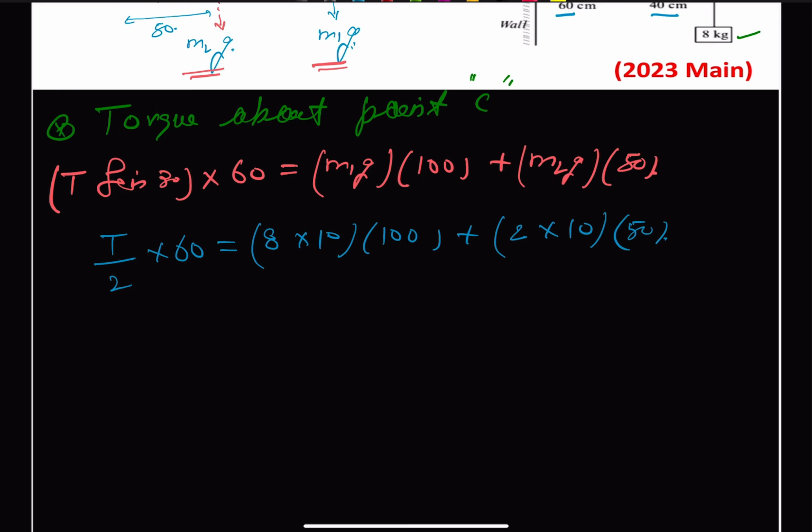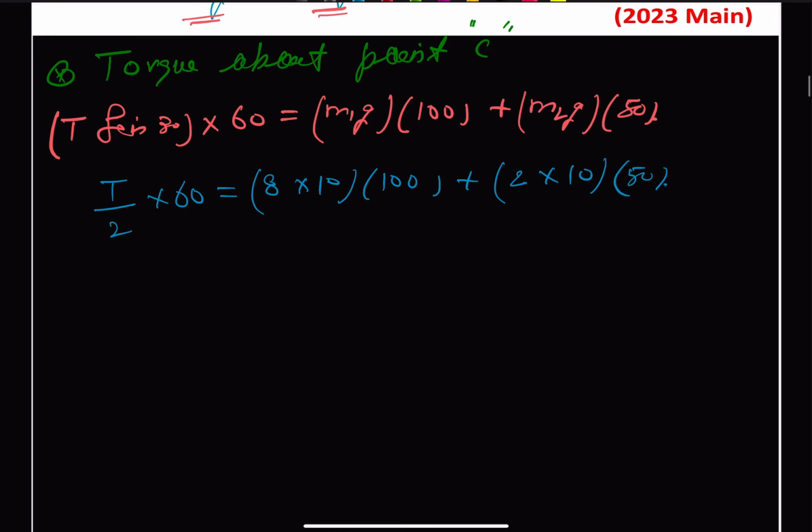So we can say that here this goes by 30, so we get 30T will be equal to 8000 plus 1000, will be equal to 9000.